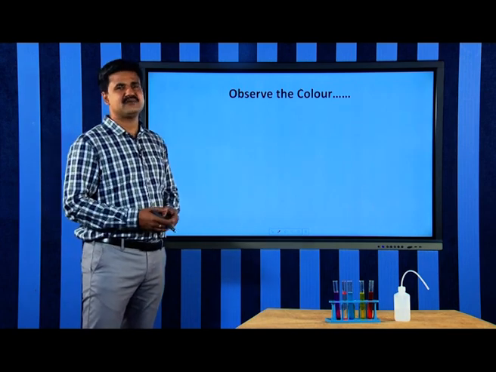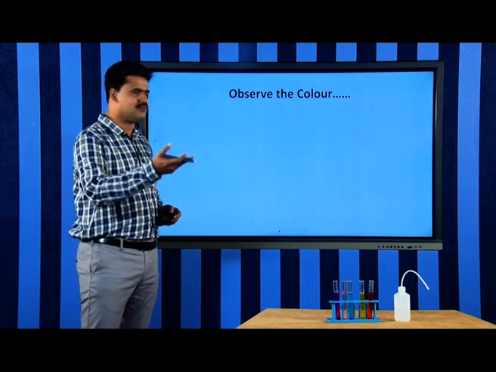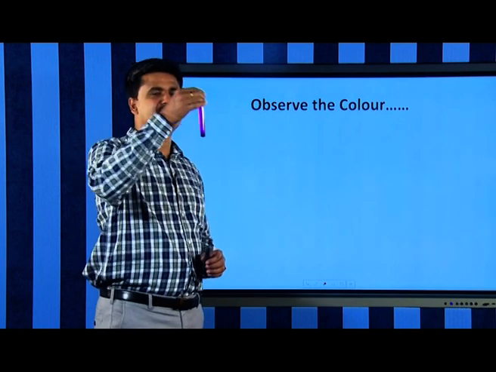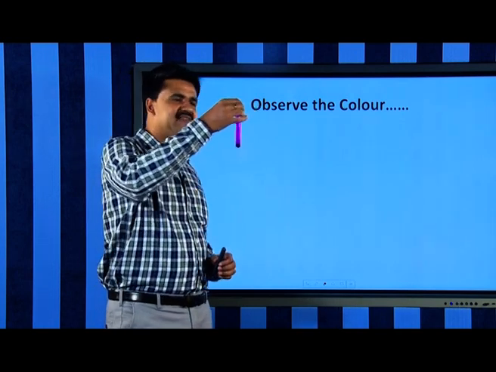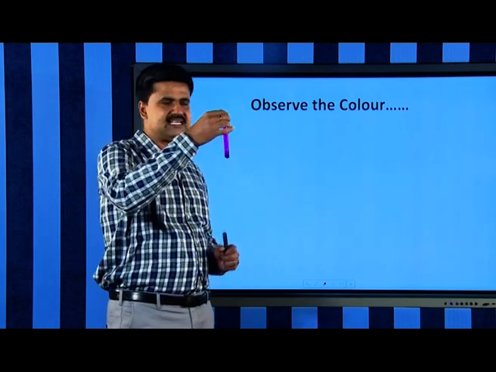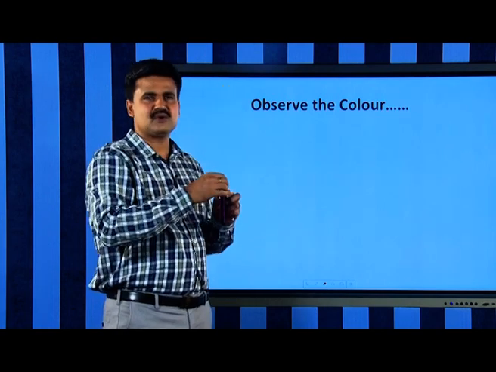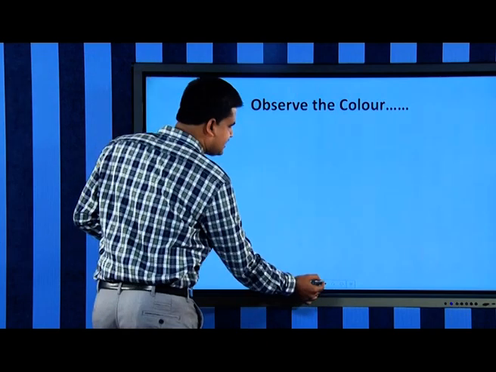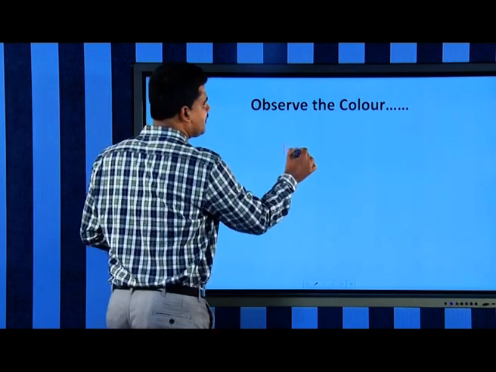I will show you a demonstration, some common compounds for your consideration. First of all, potassium permanganate. The test tube contains a very dilute solution of potassium permanganate having a deep purple or violet color, and the molecular formula of potassium permanganate is KMnO4.